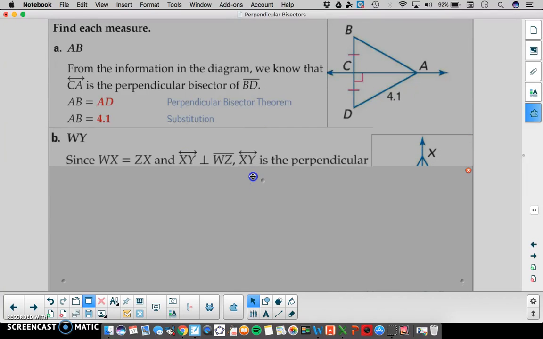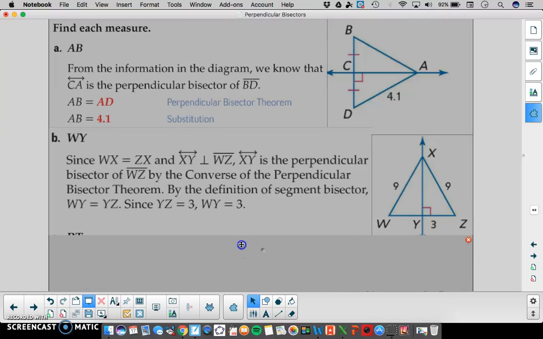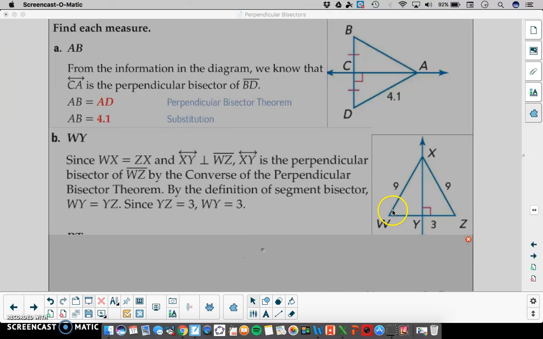Next, we want to find WY in this triangle. In the picture, notice we have the length of WX is 9. The length of XZ is also 9. We also notice that XY is perpendicular to WZ.